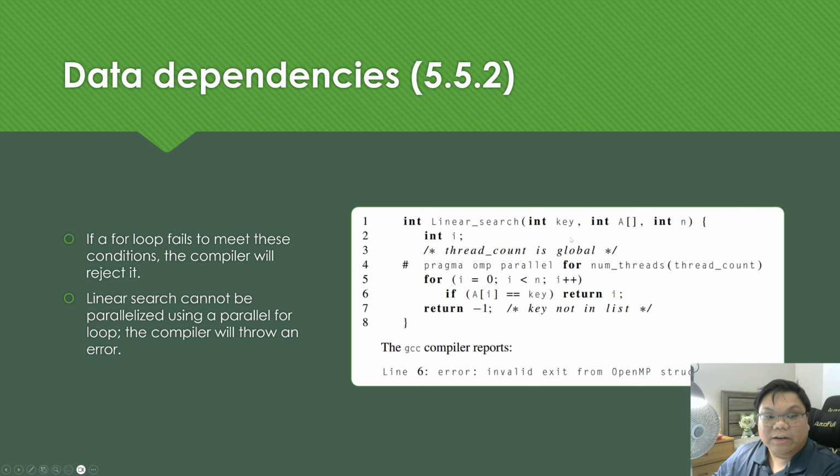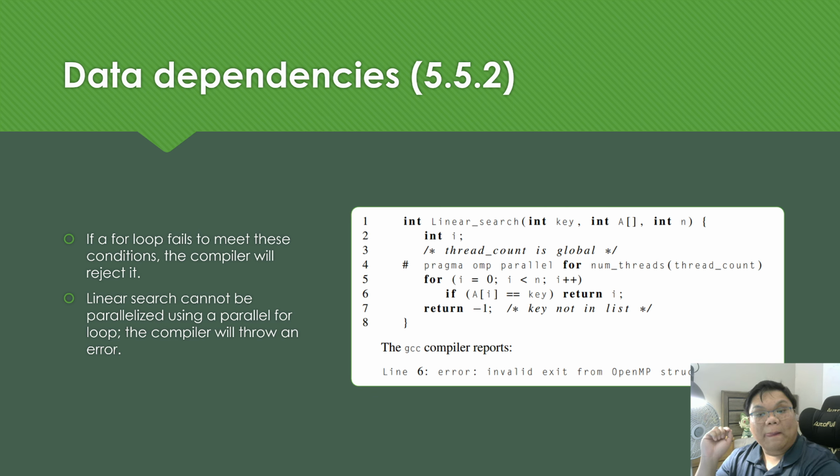A linear search is a good example of a for loop that OpenMP, or rather the compiler, will fail to compile. Linear search is basically going through a list one element at a time until you find your result. Where are you going to find your result? You won't know where it ends. Well, you know where you're going to start, but you don't know where it's going to end.